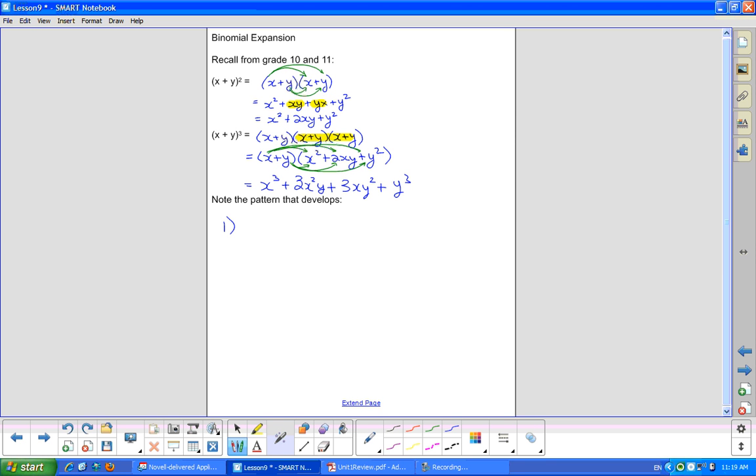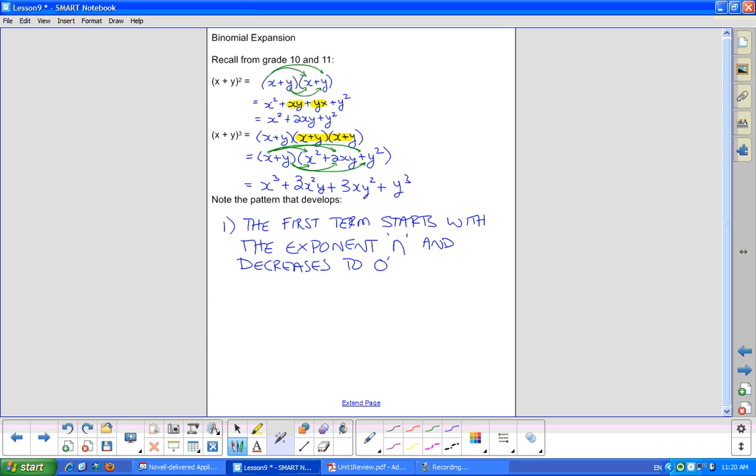So what we find is the first term starts with the exponent n, and that's the overall exponent, so squared or cubed, and decreases to 0.